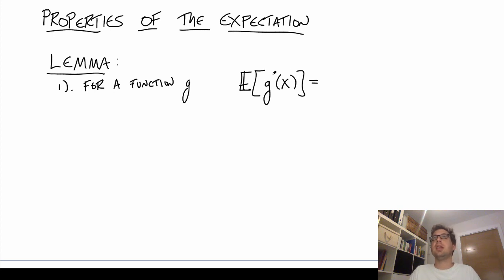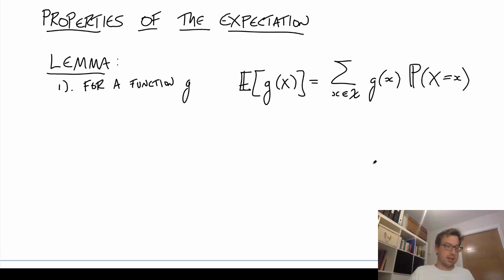Well, this is really just creating a new random variable: we take something from our sample space, apply X, and then apply g, and that gives us a new random variable. We want to calculate the mean of that. It's as you'd expect: we look at g(x) and multiply it by the probability of each x occurring.